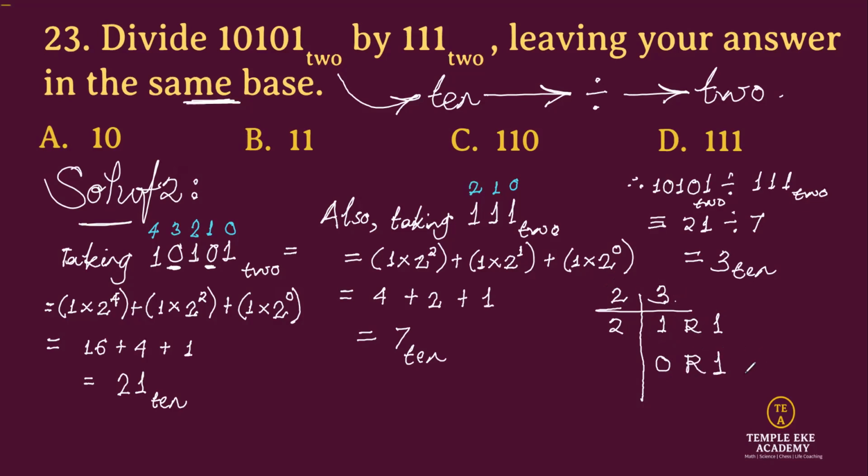The answer is now given by the remainders combined in the reverse order, bottom to top, which means we have our final answer, 11 in base 2. Very simple, and that will be the option B right there.